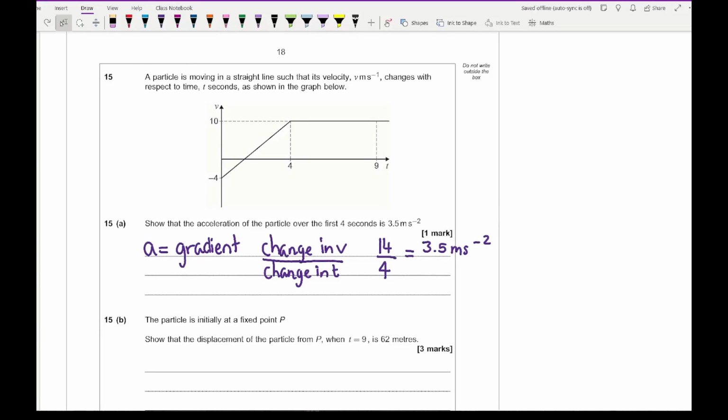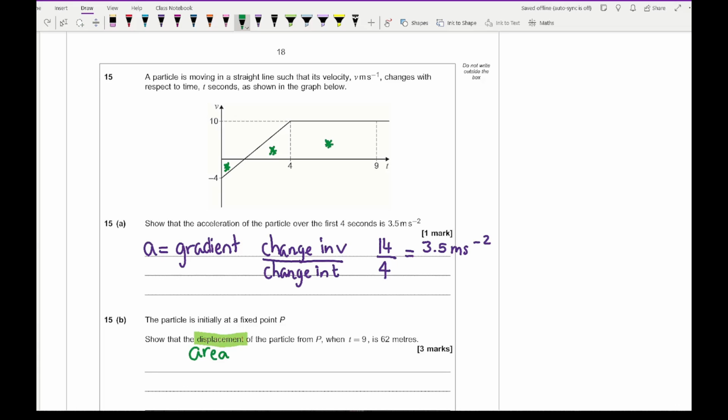In part B, it says the particle is initially at a fixed point P. Show that the displacement of the particle from P when t equals 9 is 62 meters. So for velocity time graphs, the displacement is linked with area. As the graph starts from a negative velocity, what we want to find then is the displacement of the first triangle, the second triangle, and the rectangle.